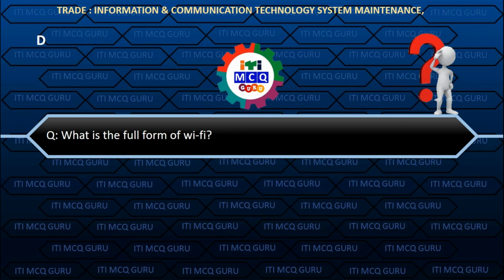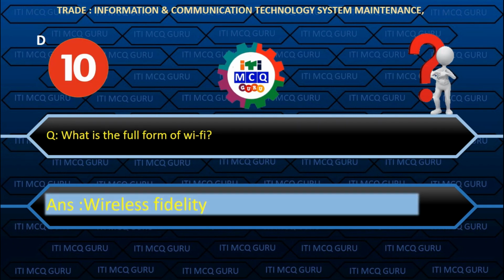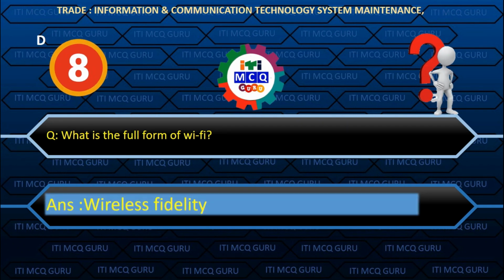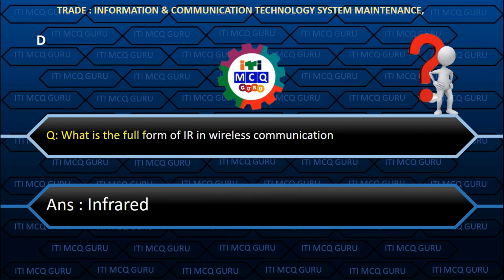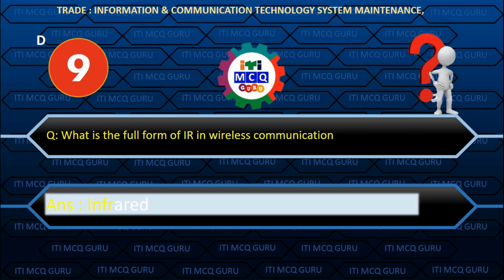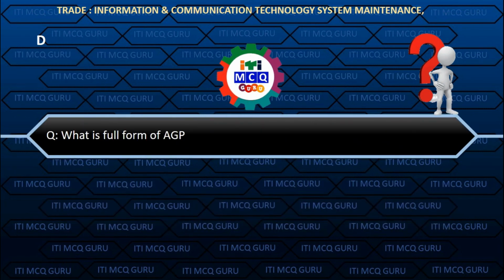What is the full form of Wi-Fi? Answer is Wireless Fidelity. What is the full form of IR in wireless communication? Answer is infrared. What is the full form of AGP?